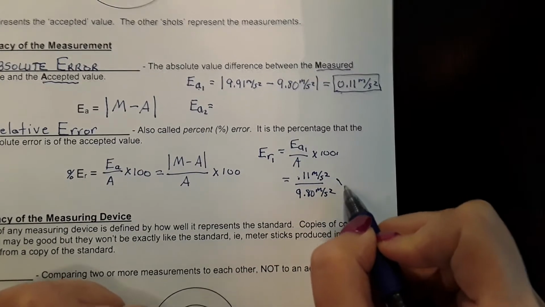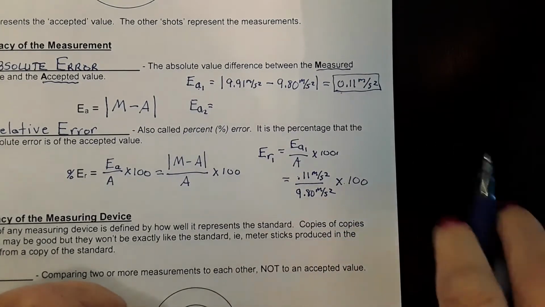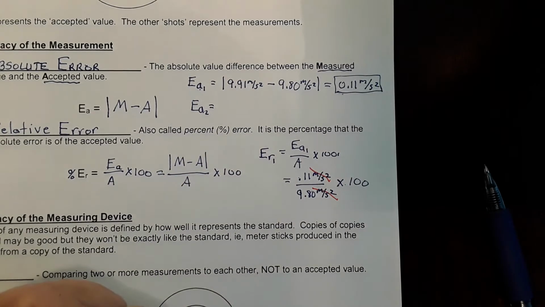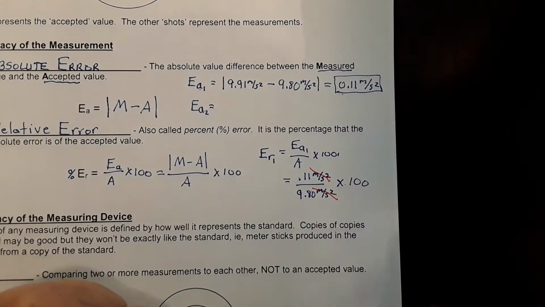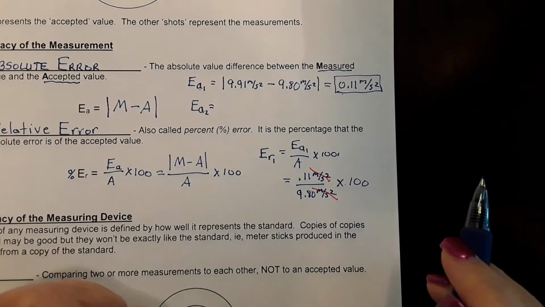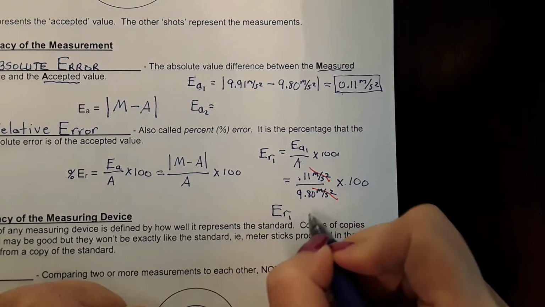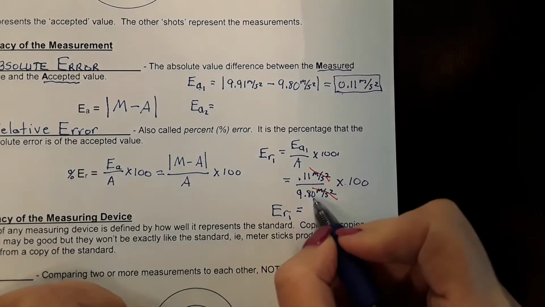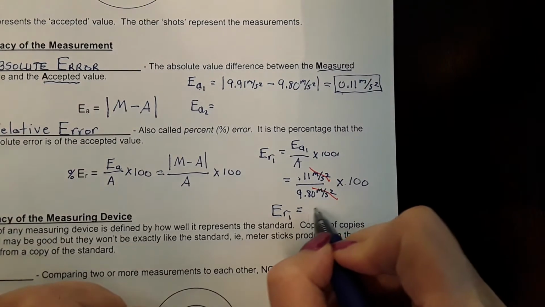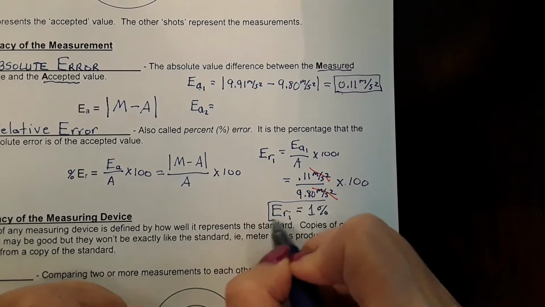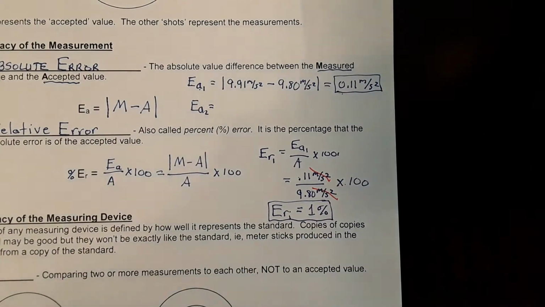And notice what happens to the units here. The units cancel from top to bottom because we're supposed to end up with a percent. Percentages don't have units. So the relative or percent error here is going to be a value of, well, basically 1%. Okay? If you stick that in your calculator, you should get 1%.